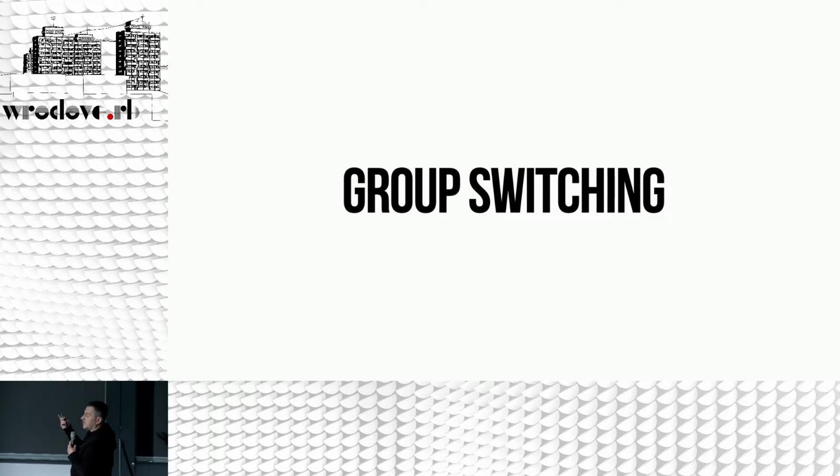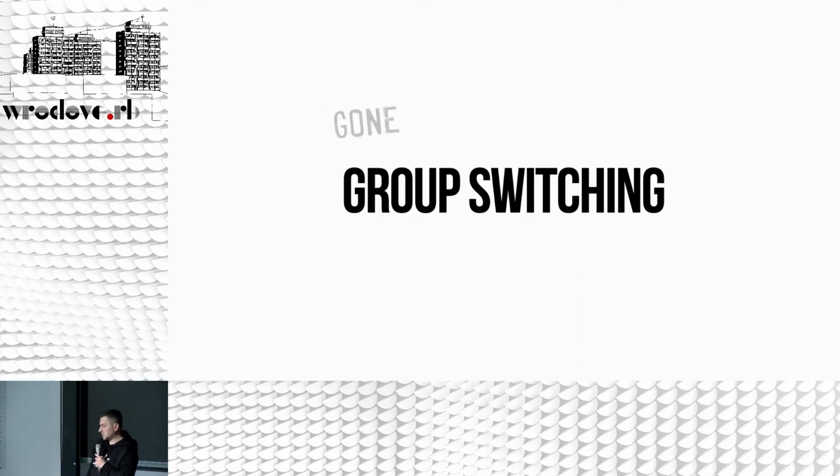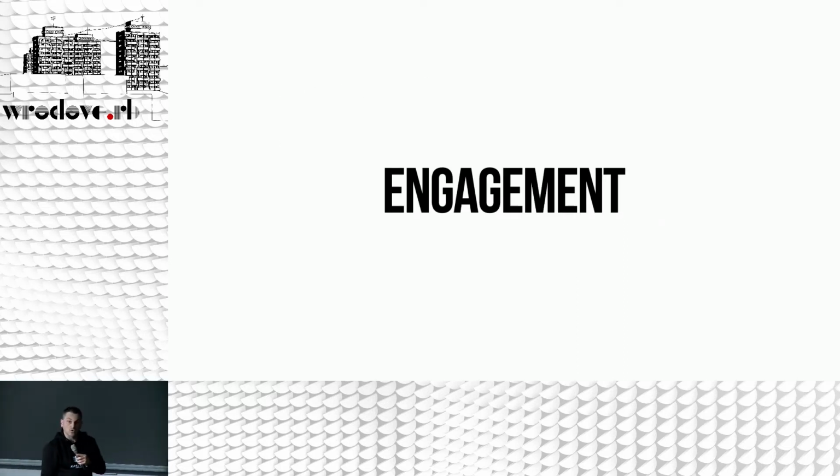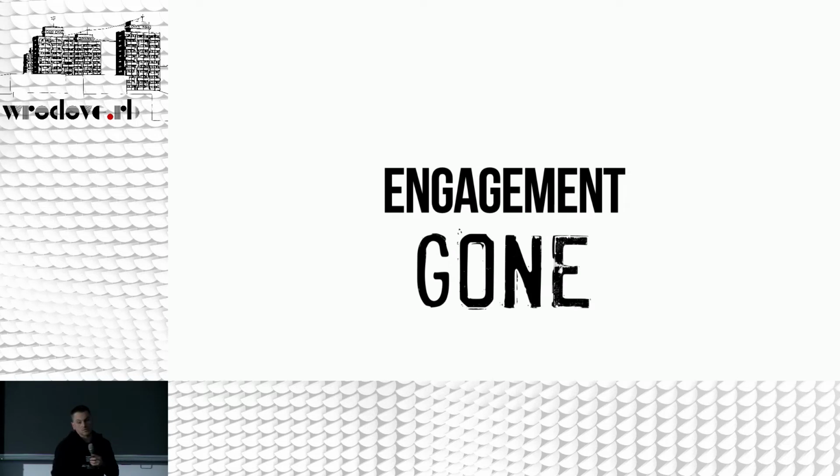When it comes to online meetings, you are probably assigned to a particular group and you cannot change it. So group switching, gone. And after all, the engagement, which I also heavily rely on, completely gone. So this is why it was a disaster.